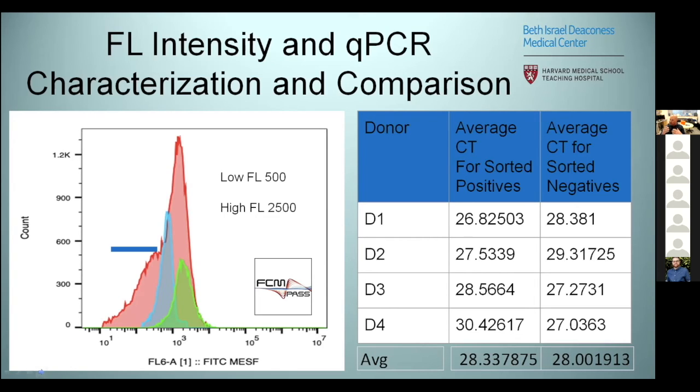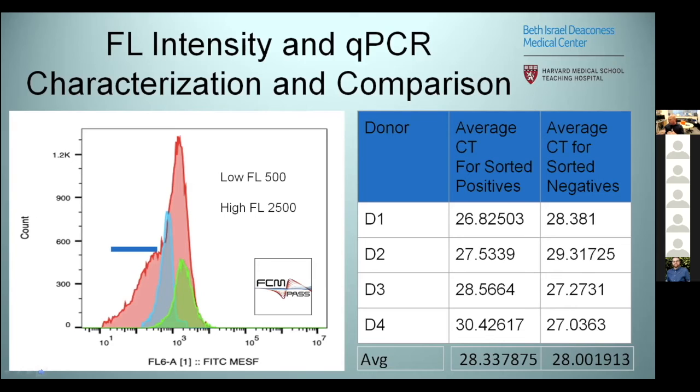And once they were sorted, these two particular populations that are the blue and greens, we then took them and did some PCR on them because we just didn't want to say, oh, good, we could sort them. We wanted to see what we actually had. So we took 4 different people. We sorted about 400,000 events of each of those blues and greens there on the histogram, did the CT value, so the cycle threshold, and found that the average was exactly the same.